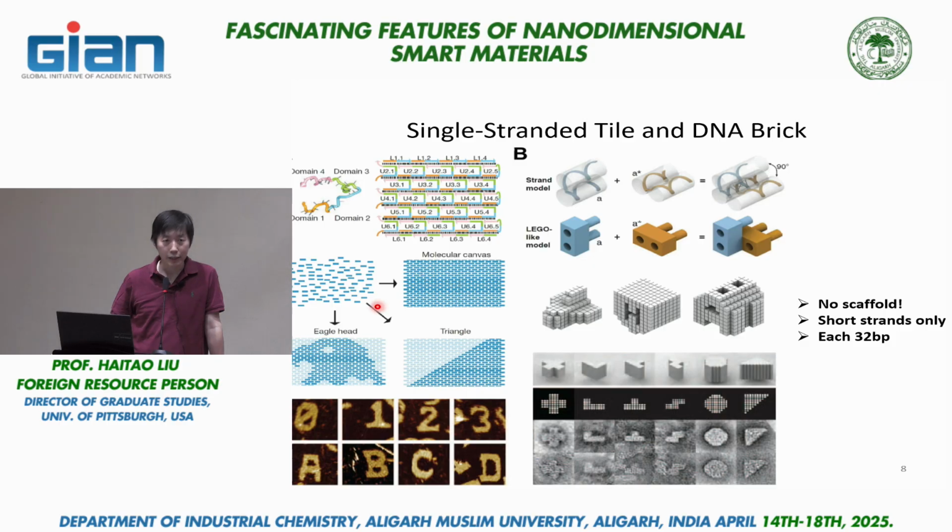Now, if you are being strategic, you can create shapes like all the alphabets, all the numbers, and all you need to do is to simply eliminate some of the strands in this tile. And by doing that, you can create 2D geometric shapes of anything. The only limitation would be the size of the molecular canvas.